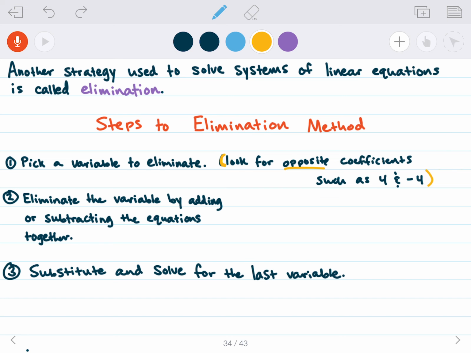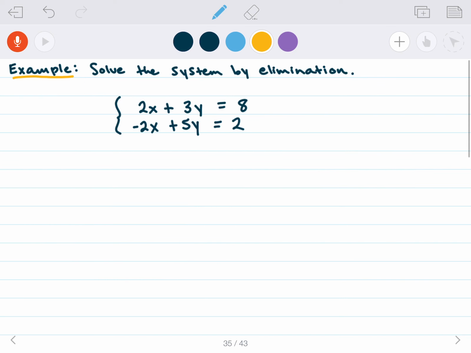That's what we're on the lookout for. Then we're going to eliminate the variable by adding or subtracting the equations together. And finally, we're going to substitute and solve for the last variable. This can save you a lot of time if elimination is the easiest route to go.